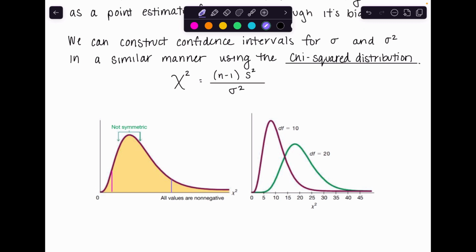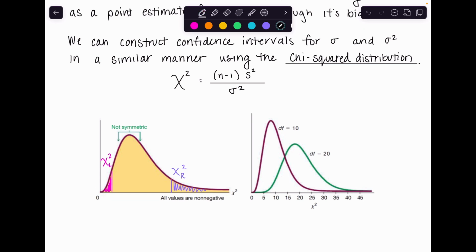These have different names. This one here is called chi-squared, and then it's the right cutoff, so it leaves you with a right tail. The one over here is chi-squared left tail, so we use an L to indicate that. Because of the non-symmetry, these two tails end up having the same area, but they occur at different values.